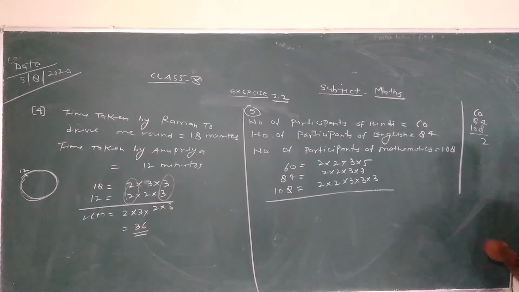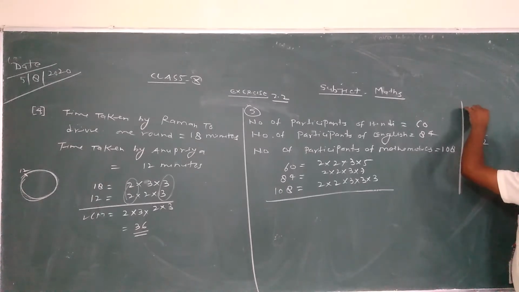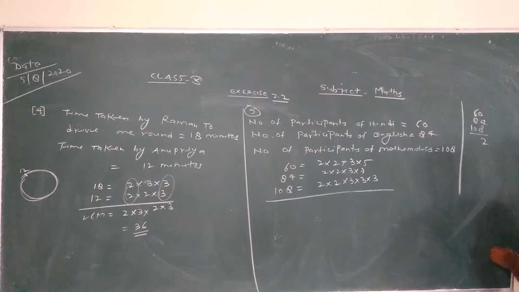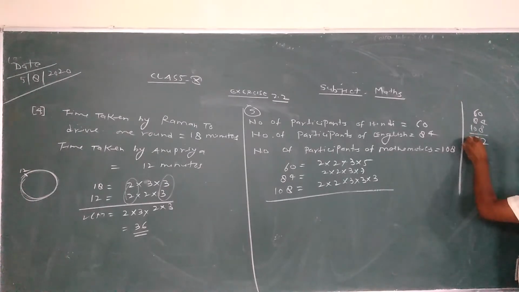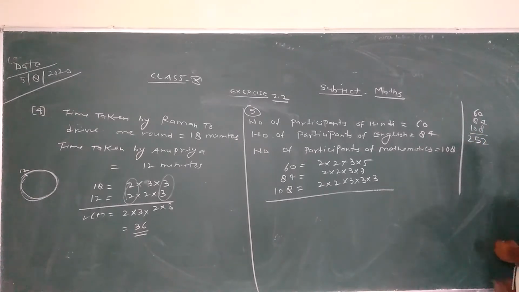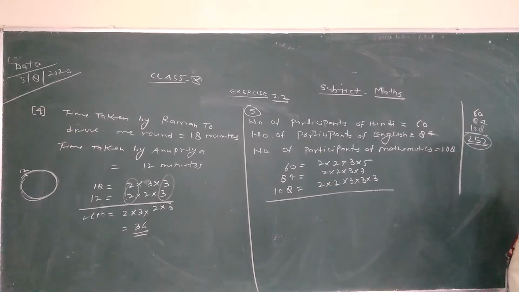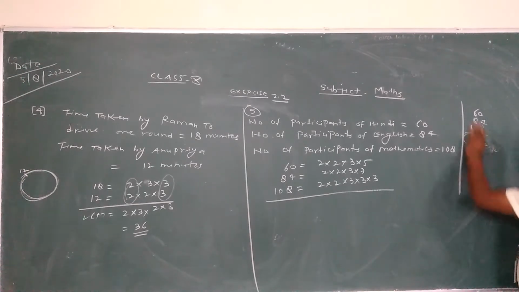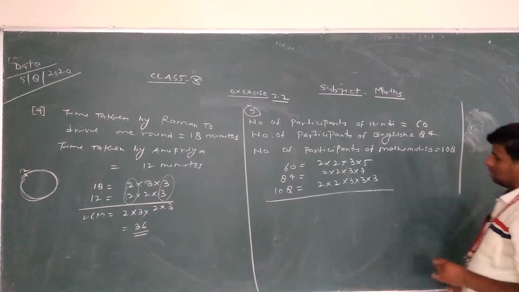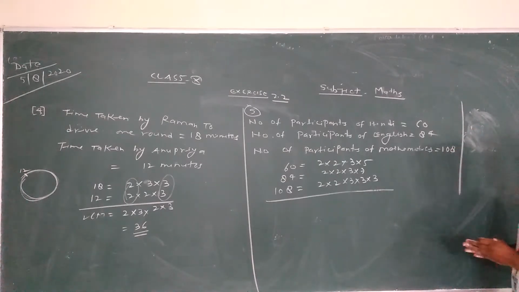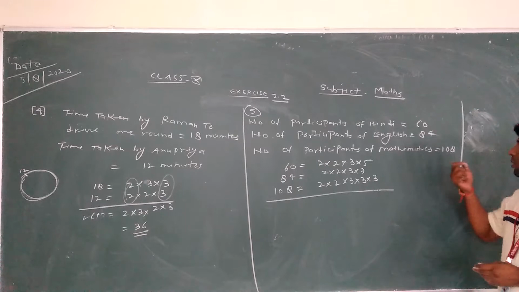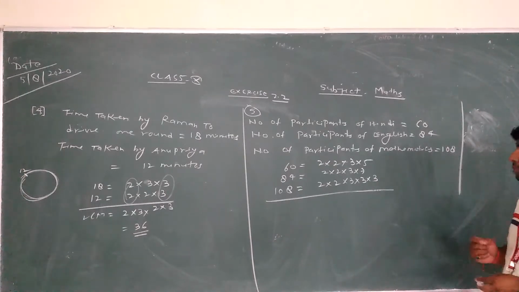That is 60 plus 84 plus 108, which is 252. So the total number of students is 252. It means we need to find the number of rooms required for 252 participants.